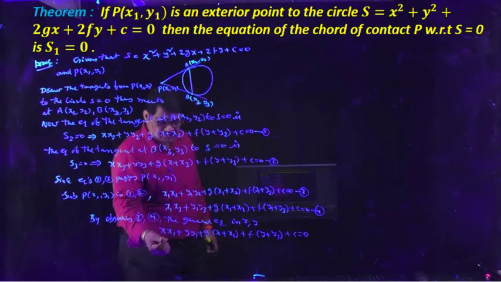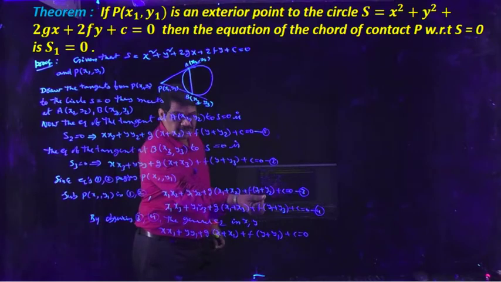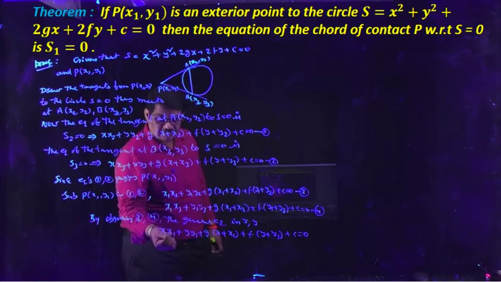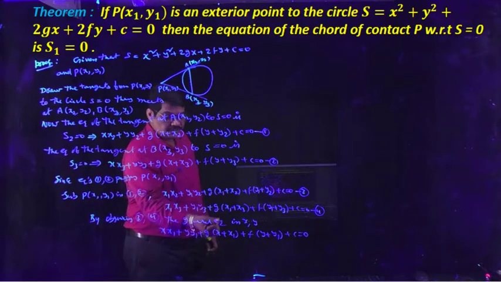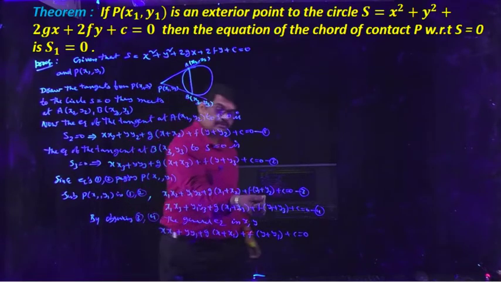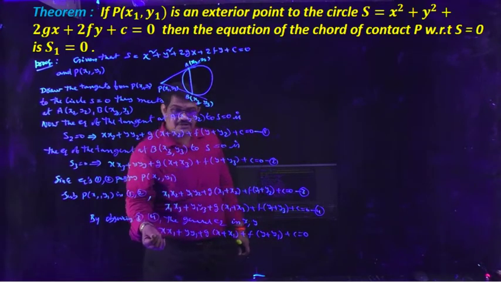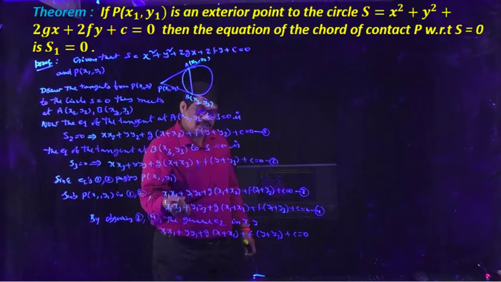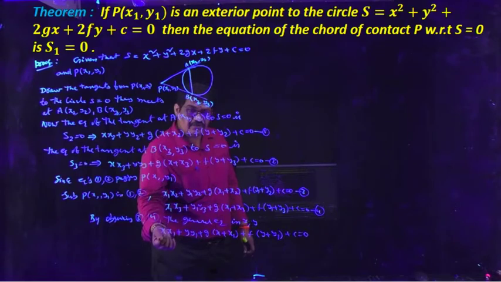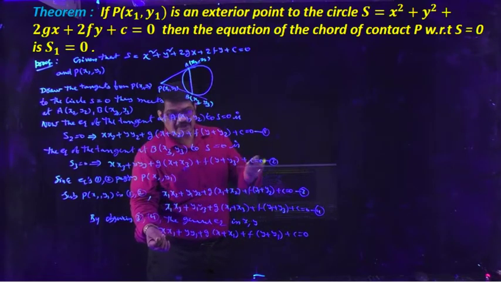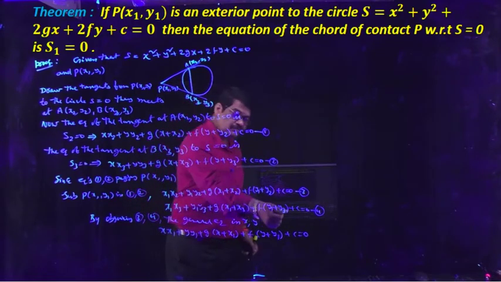In this equation, if we substitute x2, y2, we get x1x2 + y1y2 + g(x1 + x2) + f(y1 + y2) + c = 0, which is equation 3. If we substitute x3, y3, we get equation 4.